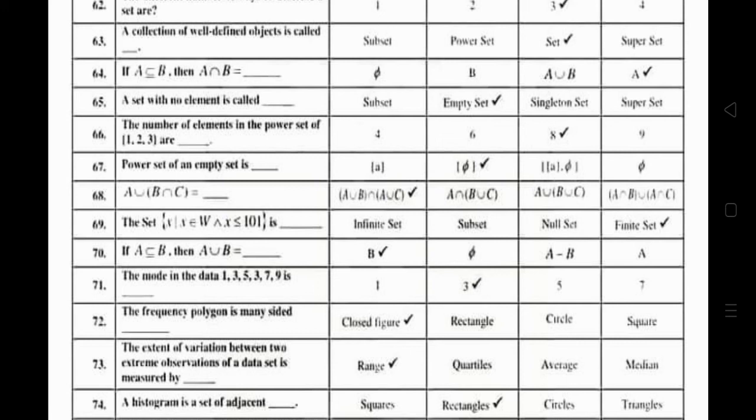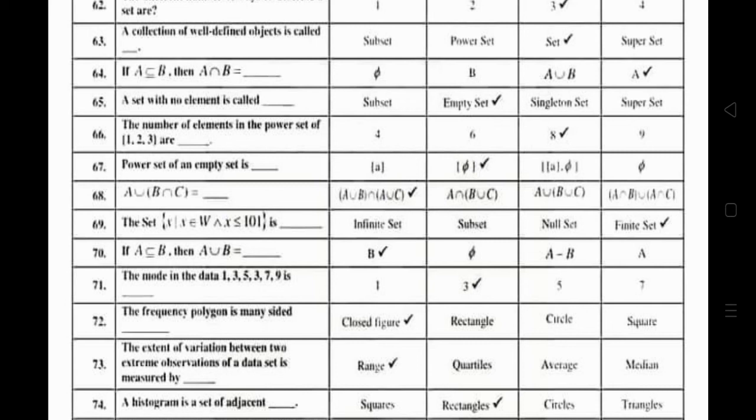The set {x : x is an element of whole numbers and x is less than or equal to 10} is a finite set. If A is a subset of B, then A union B is equal to B. The mode in the data 1, 3, 5, 3, 7, 9 is 3. The frequency polygon is a many-sided closed figure.